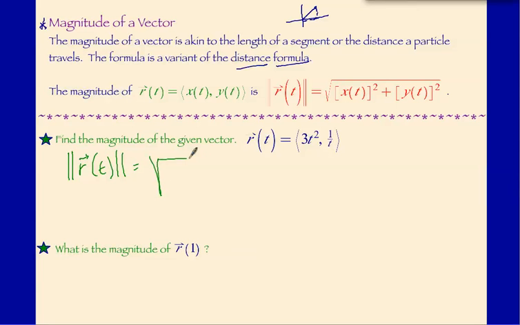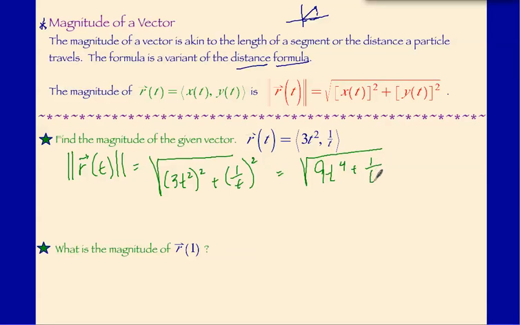That means we're going to take the square root of (3t squared) squared plus (1 over t) squared, which simplifies to 9t to the 4th plus 1 over t squared. Now let's get a common denominator. In order to get the 9t to the 4th to have a common denominator of t squared, I'm going to need to multiply that term by t squared also.